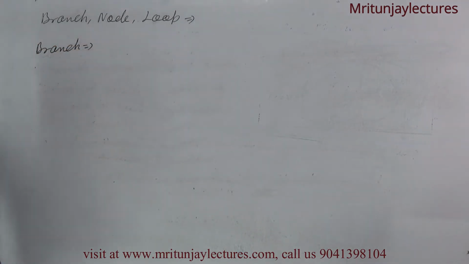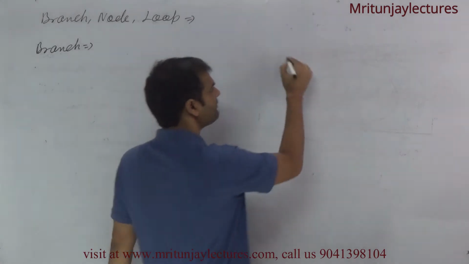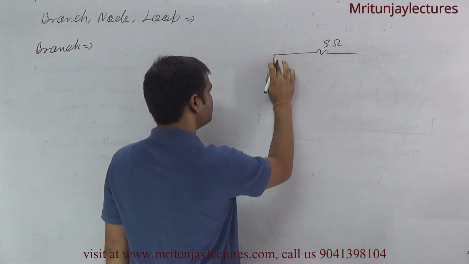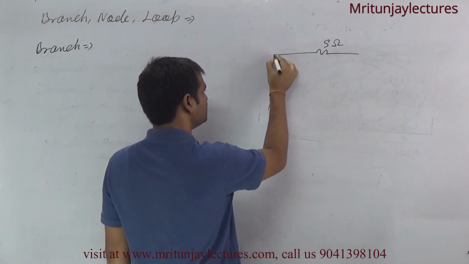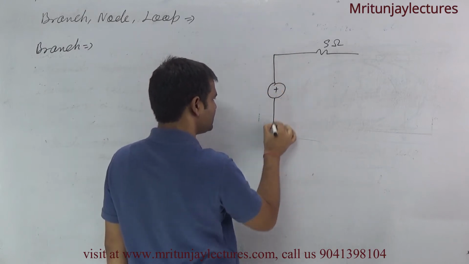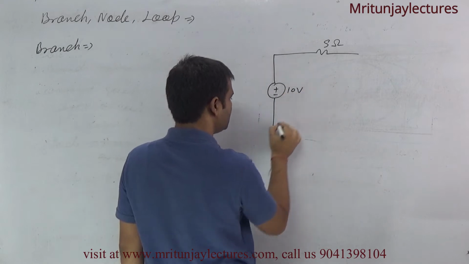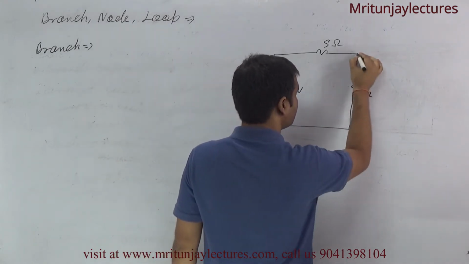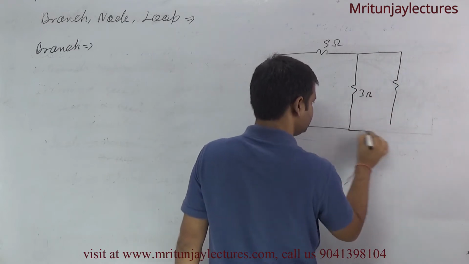Branch. Suppose a given network has a 5 ohm resistor, a 10 volt source, a 3 ohm resistor, another 5 ohm resistor, and a 2 ampere current source, like this.